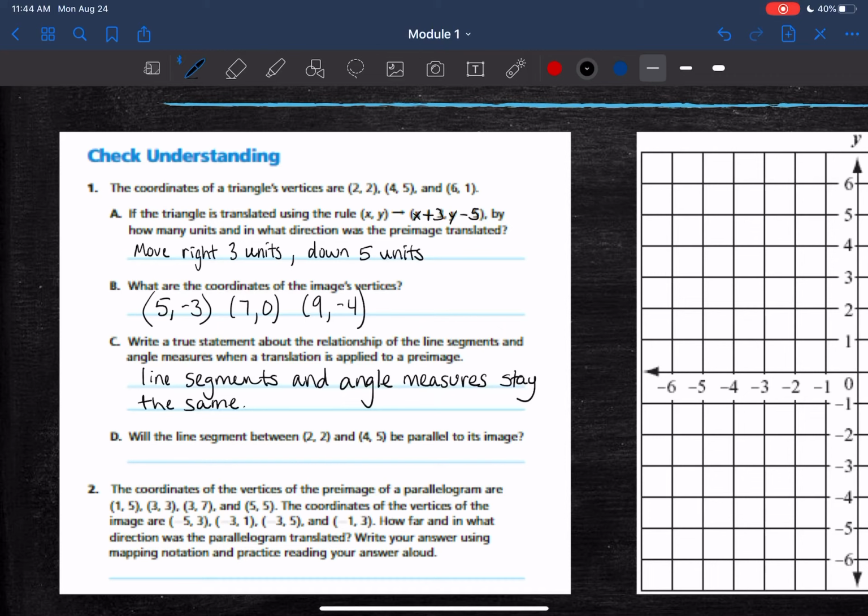All right, so all parallel lines will remain parallel.